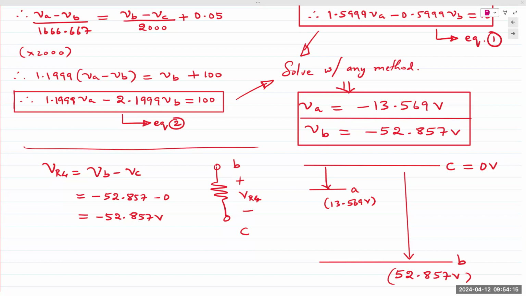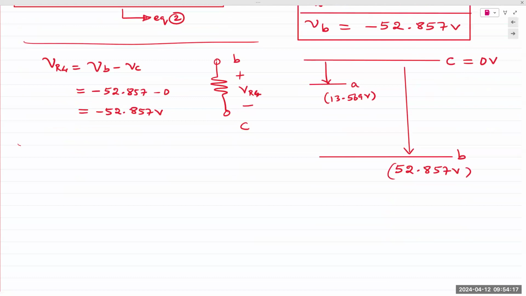Now, if I chose A as my reference, then VA equals 0 volts. What would be the value for VC?